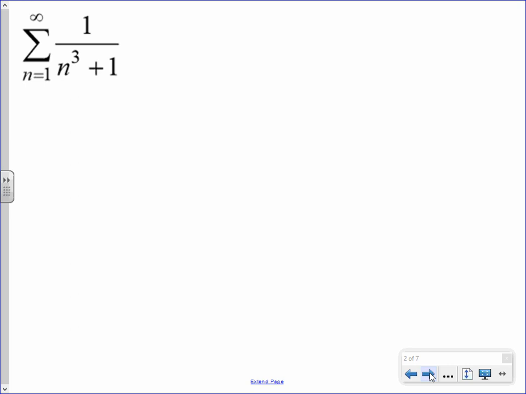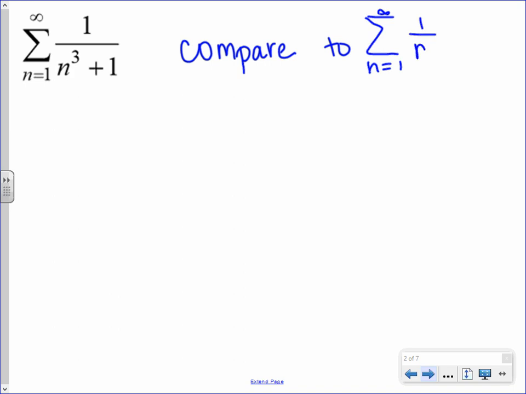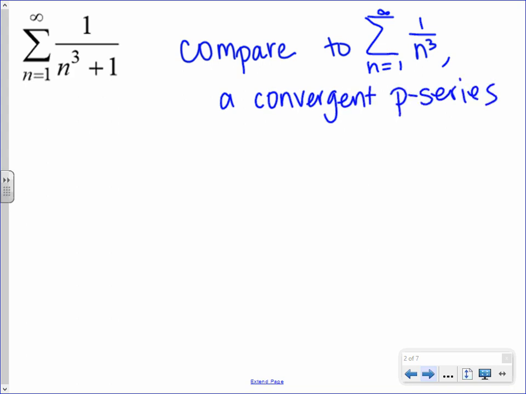So we're going to compare to the series n equals 1 to infinity of 1 over n cubed, which we know is a convergent p-series. A lot of this is just writing down the information. We're comparing it to the sum of 1 over n cubed, which is a convergent p-series.